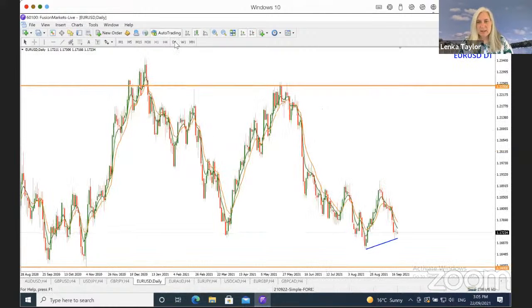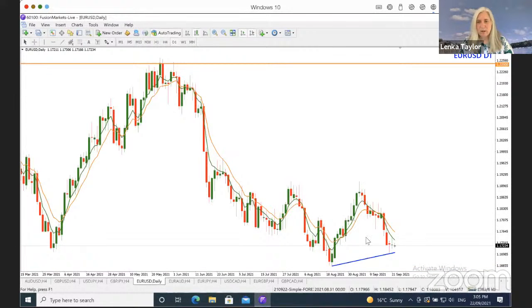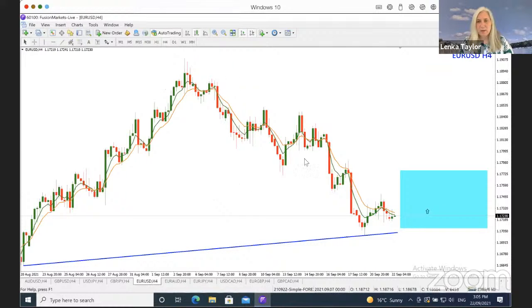On the daily, we don't have a reversal yet, so I'm going to wait for better price action. In terms of the 4-hourly, I'm happy to enter anywhere around this area as long as we get a strong reversal. So looking for long on Euro USD.